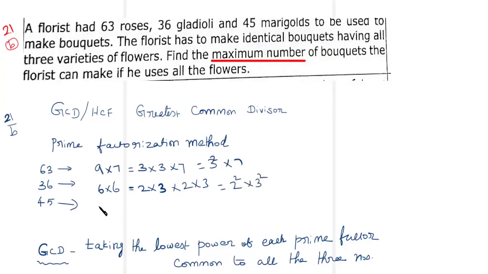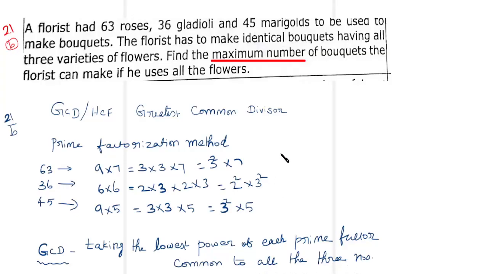Here 63 gives 3 squared into 7. And 45 is 9 into 5, and 9 is 3 into 3, so we get 3 squared into 5. Now to find the GCD, we take the lowest power of each prime factor common to all three numbers.